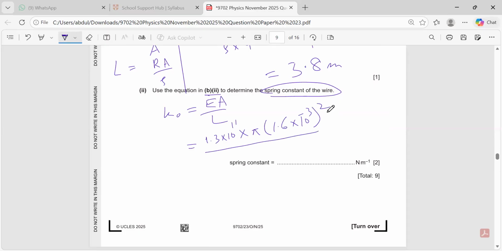And length, just we calculated, is 3.8. As we simplify, dear friends, the answer comes to be 6.9 times 10 raised to the power of 4 Newton per meter. So that is about the Young's modulus.